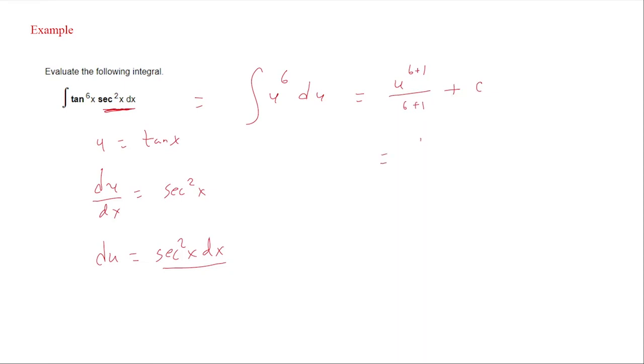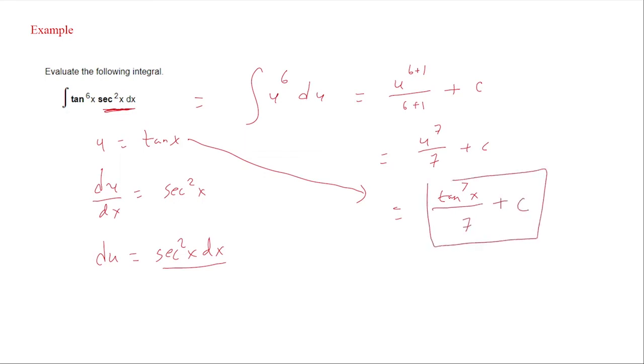So this is u to the power 7 over 7 plus c. But finally we need the answer in terms of x, so we're going to plug the value of u from here, which is tan to the power 7 of x over 7 plus c, and that is our final answer.